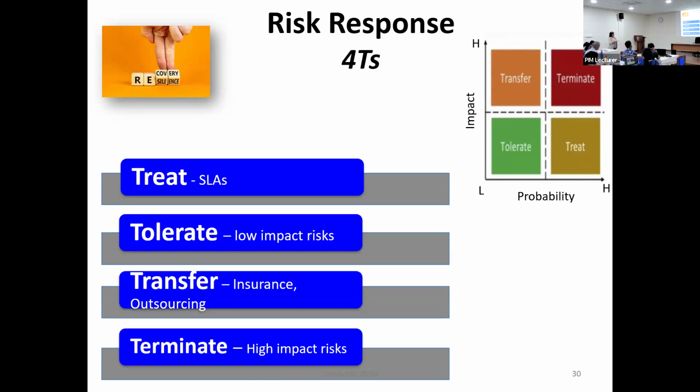So the most important thing that you need to really look at is if it's a high impact risk, terminate, both sides high. Probability is also high. So terminate means you have to quickly have proper safeguards in place. You have to invest time to prevent it happening again. So you need to propose to the company board, okay, for me, we are here.